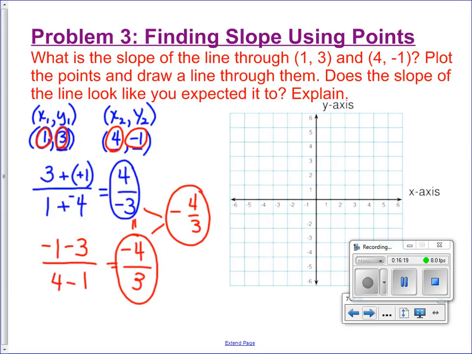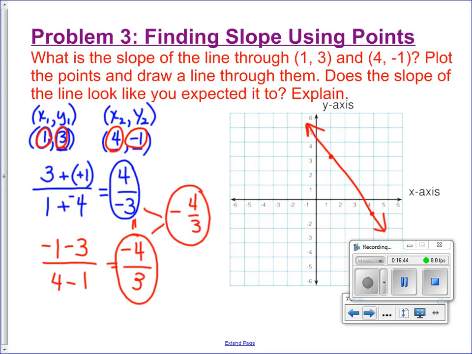Now let's plot the points and draw a line through them and see if the slope looks like we expected it to. All right, so (1, 3) would be right here, and (4, negative 1) is right here. And I'm going to join the 2 points together with a line, putting my arrows at both ends.